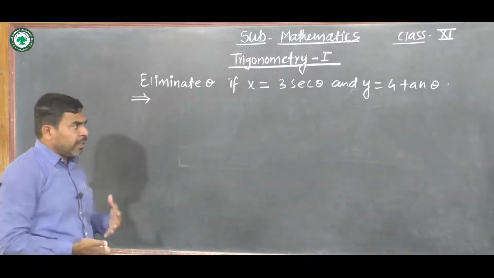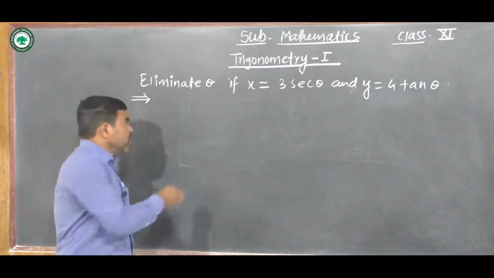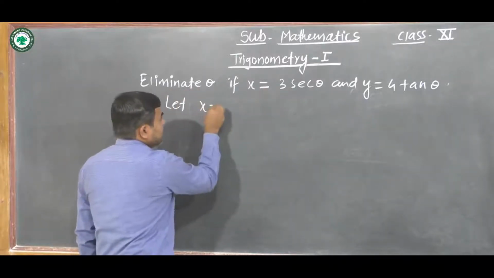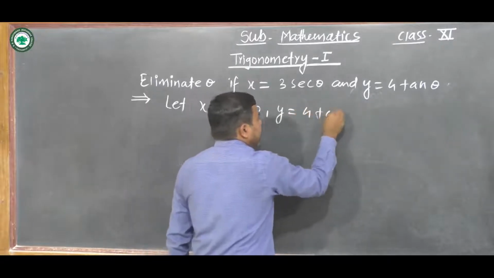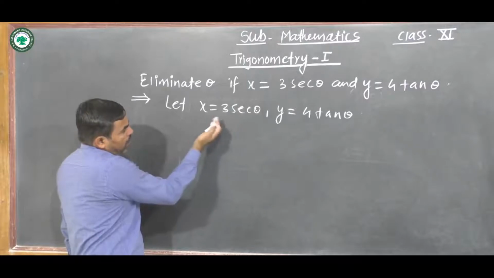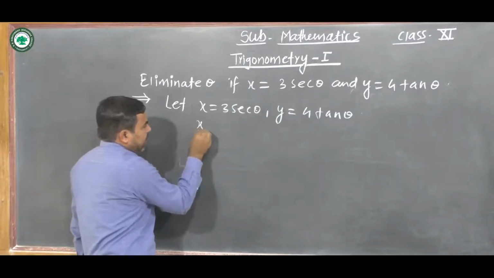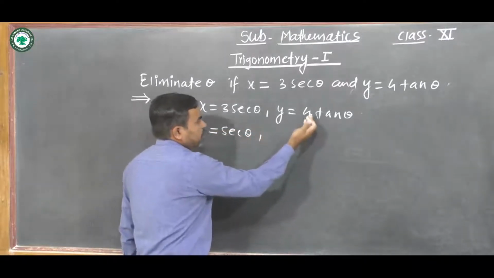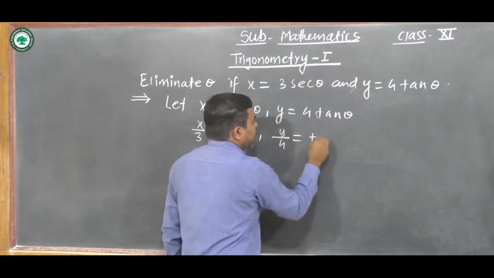So to eliminate theta, we have to make use of fundamental identities. What is given: x is equal to 3 sec theta and y is equal to 4 tan theta. If we shift this 3 to the left hand side, we get x upon 3 is equal to sec theta, and if we shift this 4 to the left hand side, we get y upon 4 is equal to tan theta.